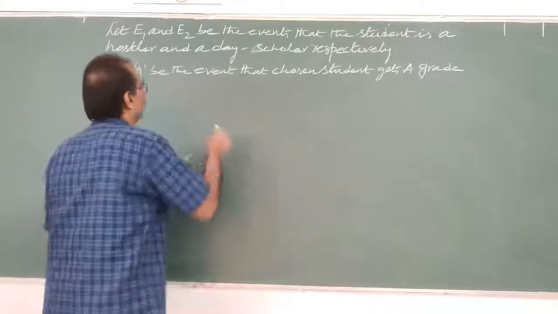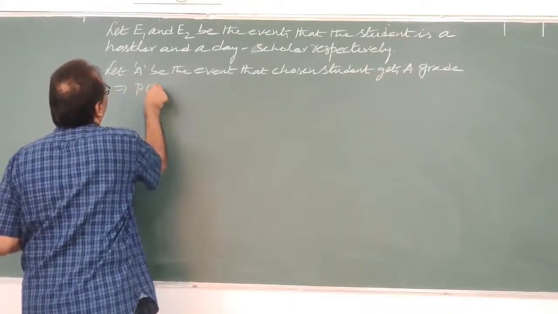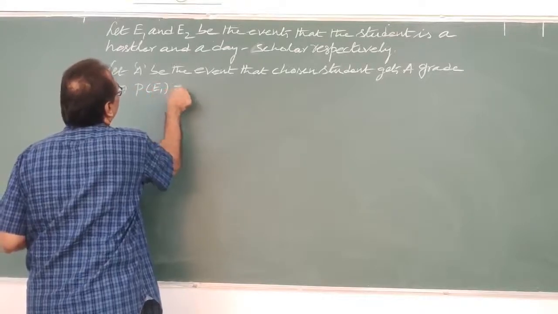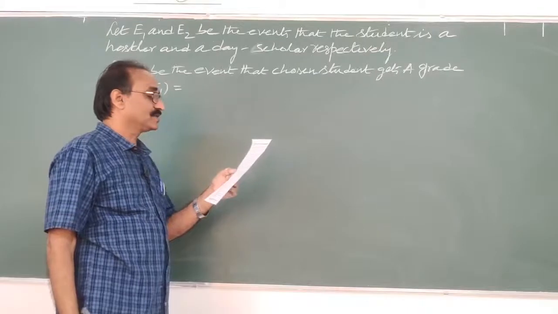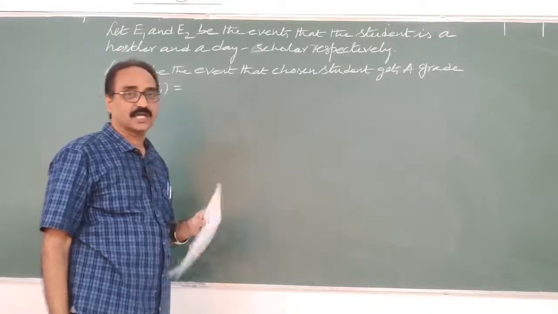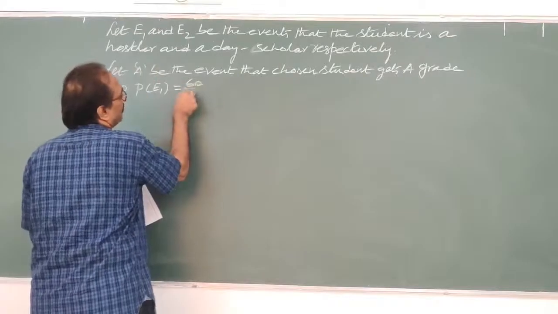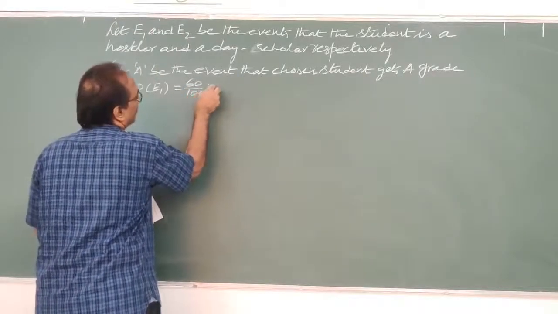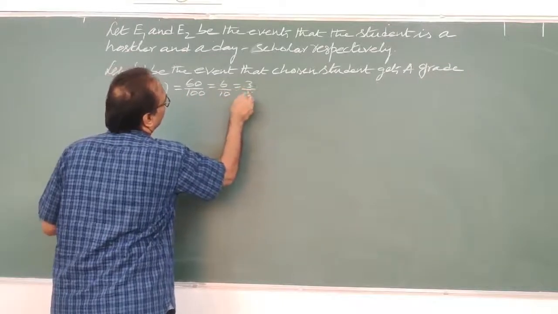What is given? So P of E1, being a hostler. How many are there? In our students, 60% reside in hostel. So 60% means 60 by 100, which is 6 by 10, which is 3 by 5.